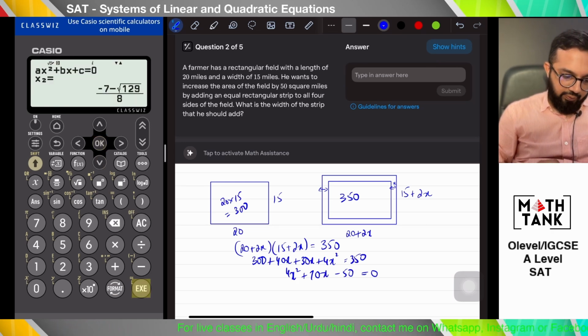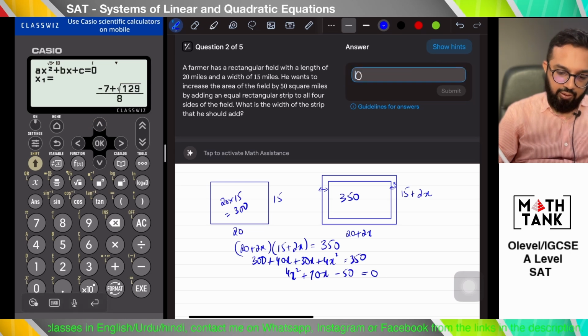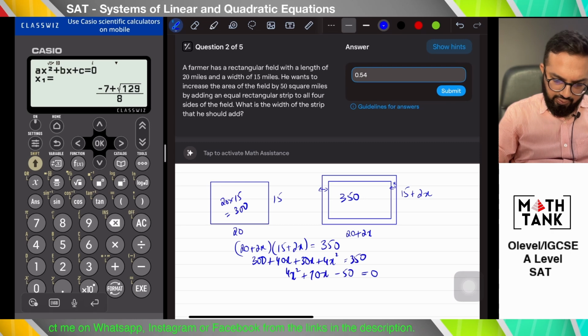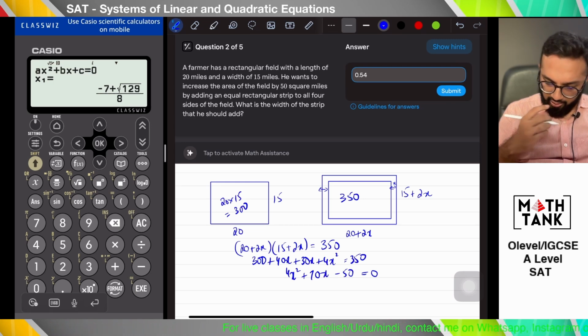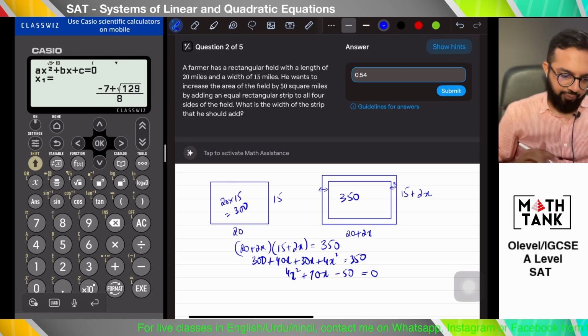0.544, nearest hundredths, 0.54. I hope I've done this correctly. Just checking my calculations.